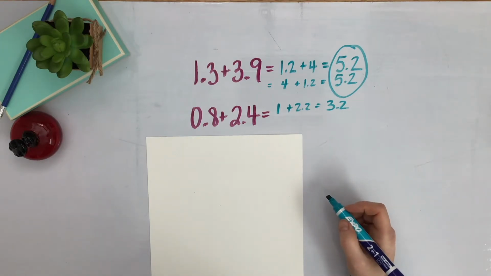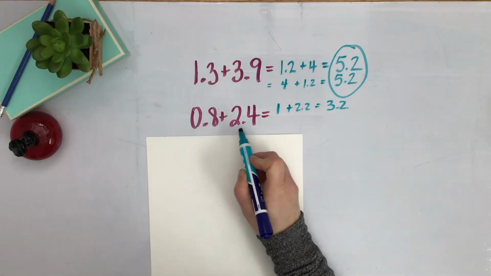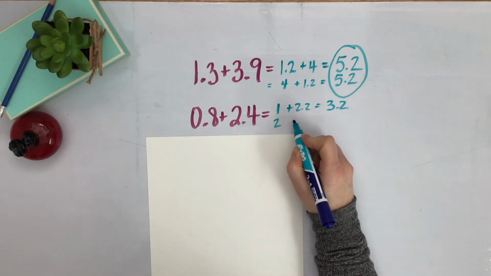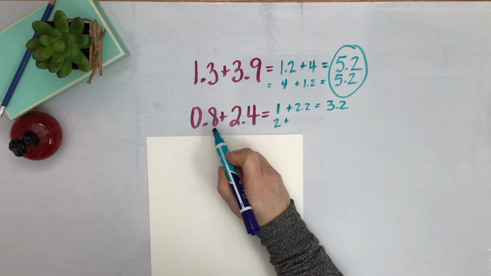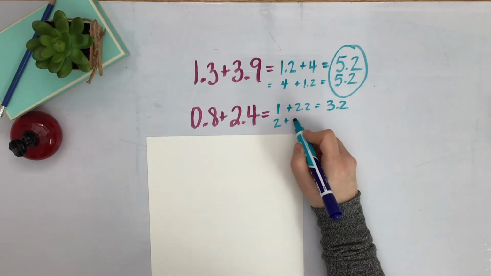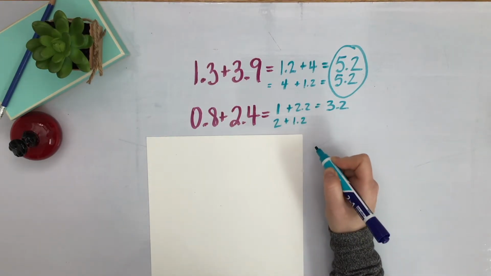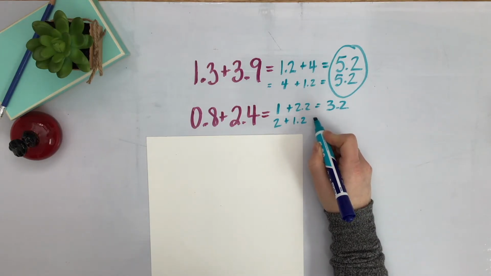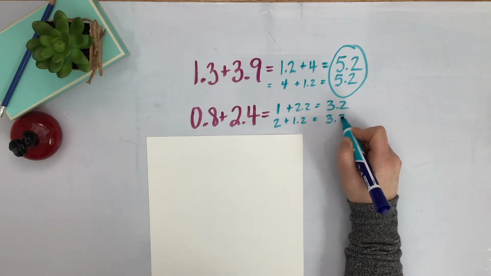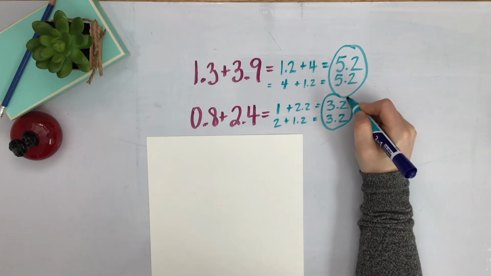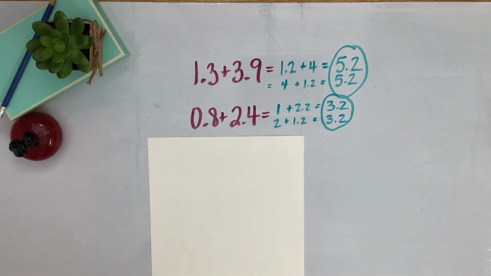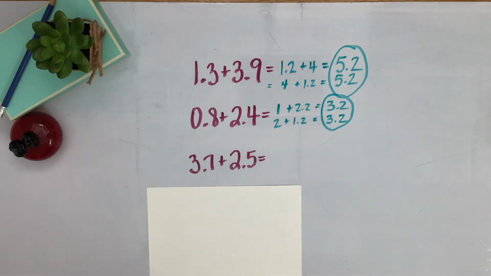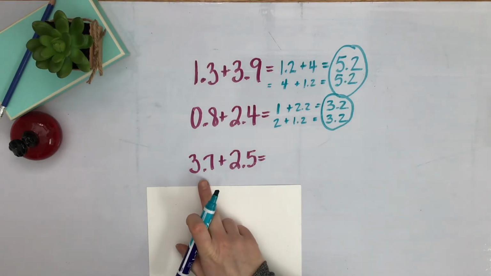Maybe you wanted to do the partial sum strategy. So you've got, okay, 2 wholes, and then I've got 8/10 plus 4/10, which gives me 12/10, or 1 and 2/10, which of course gives me the same answer, 3.2, 3 and 2/10. Okay, here I'd like to make this a 4.